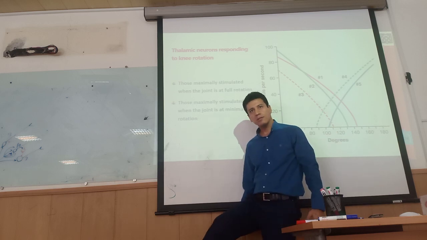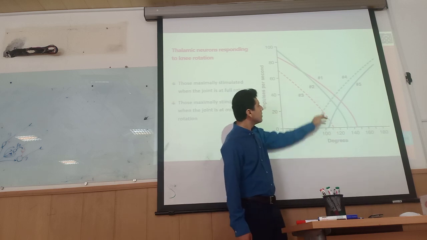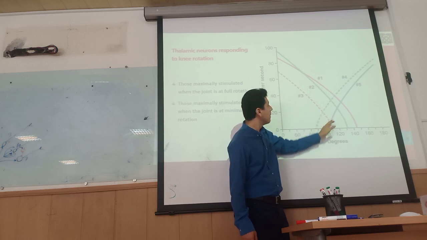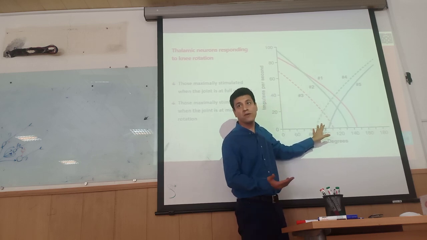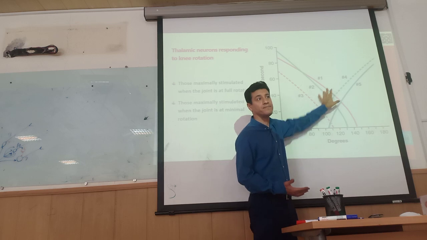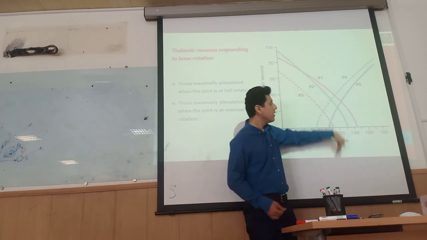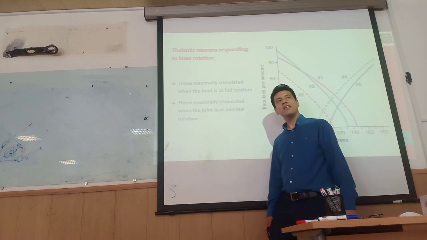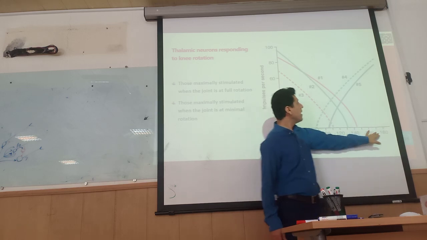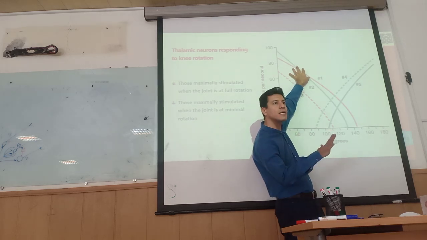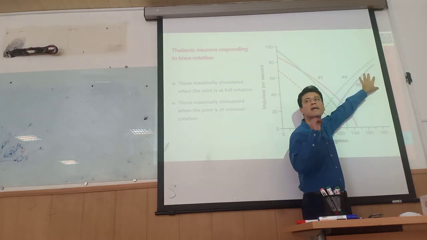In the mid-range, these neurons tend to stop firing, but another population of neurons starts to fire. Neurons 4 and 5. When you stretch the knee totally, then you can see that all of these neurons are completely silent, but these 2 are maximally active.